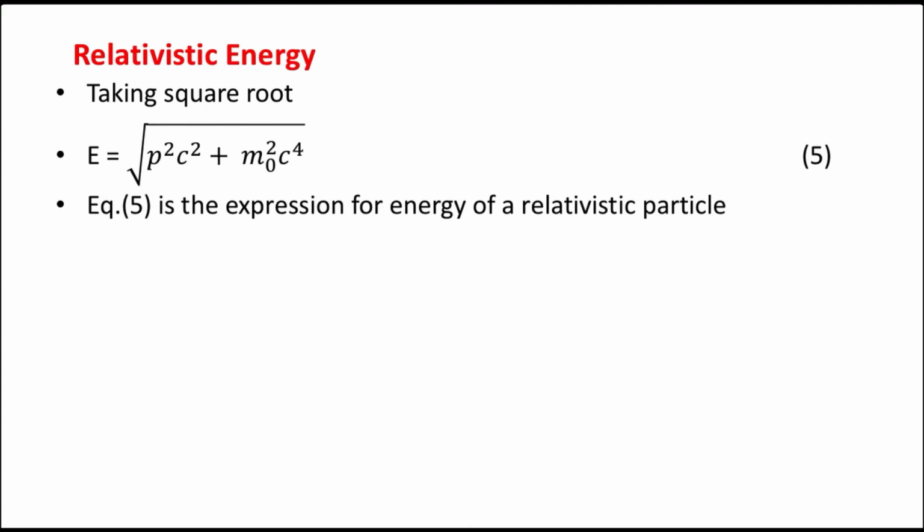Taking square root of equation on both the sides, we get E is equal to (p square c square plus m0 square c raised to the power 4) and the whole thing is raised to the power 1 by 2. Means we have to take the square root of the term. So equation 5, E is equal to under root of p square c square plus m0 square c raised to the power 4, is the expression for energy of a relativistic particle.